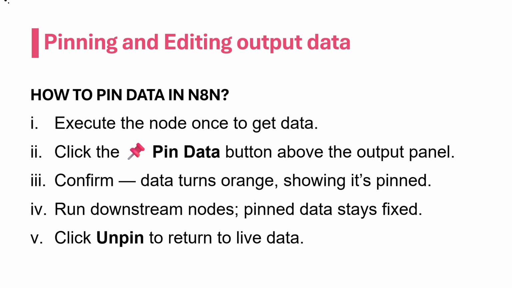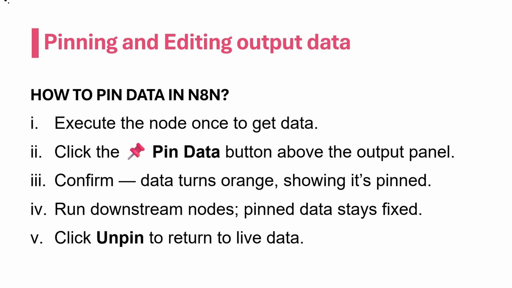Then you have to click the pin data icon at the top of that section. The data will highlight in orange or another color, which means it's now pinned. If you now execute the nodes, n8n will reuse this pinned data without rerunning the source.